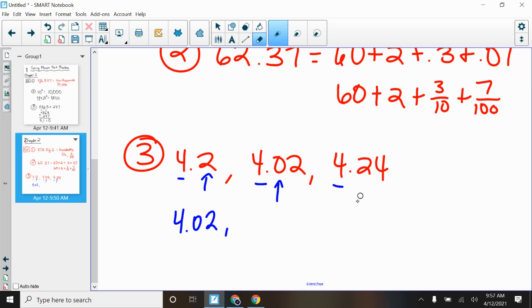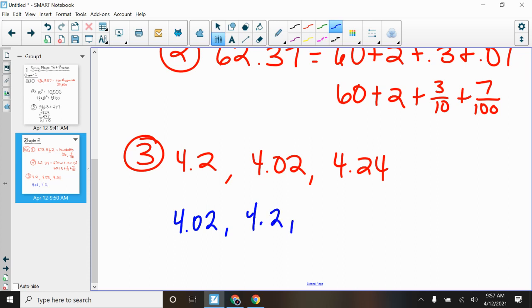All right, Connor G, what's going to be the next smallest? 4.2. Okay, I like it. 4.2 is the next smallest. How did we know this? Well, because now I have to go to the next place because they both have 2s. This one has a 4. This one has nothing. But Connor, what's the same as nothing? 0.